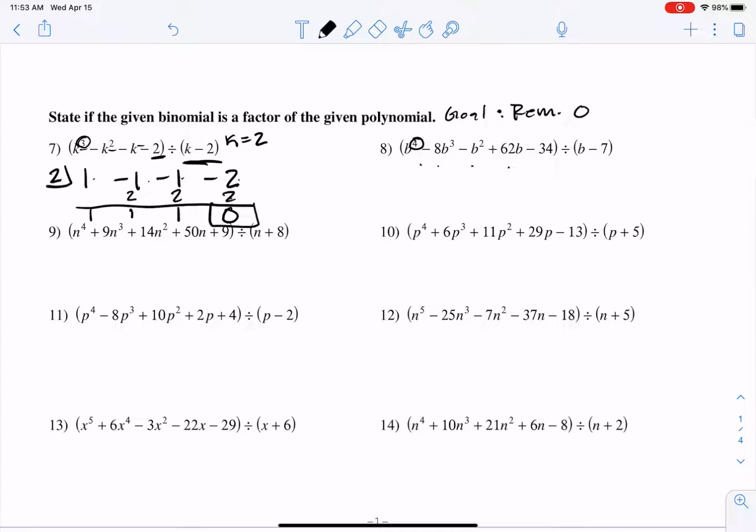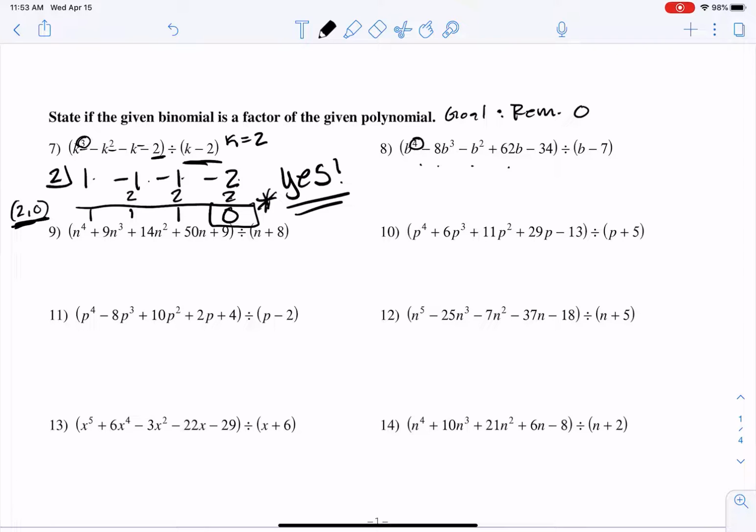So that's what we were looking for, right? That remainder of 0 tells me that this is a root. It is a root because we have that remainder of 0. Again, that means that the point 0 is on this function, and based on what we know about roots, they always are zeros, right? So they always have a y value of 0.